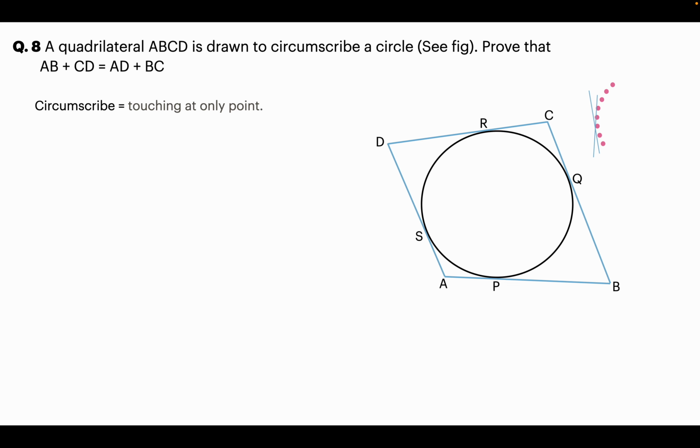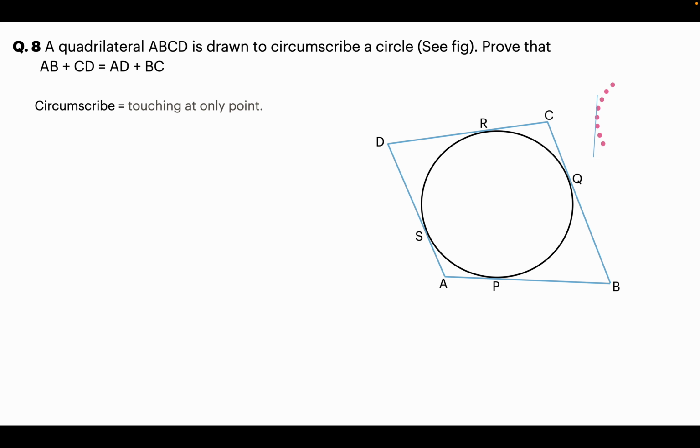And if you notice, if the line is not tangent, if it is intersecting the circle or connecting more than one point on a circle, then this line has actually gone inside the circle like this. And if this line is inside the circle, just think about it, how would this line circumscribe a circle?